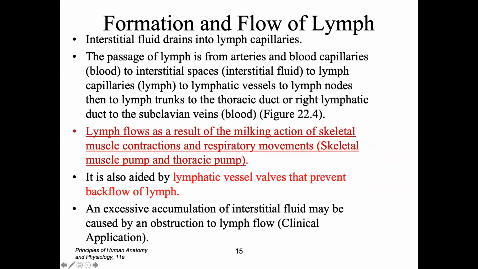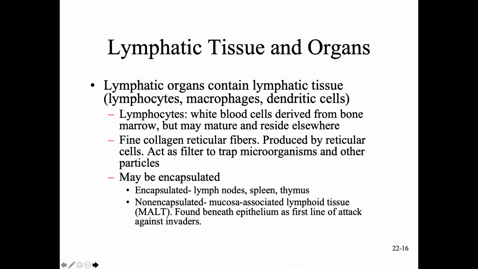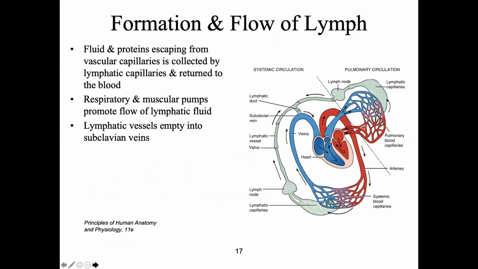Same kind of movement principles as in a vein, where you need the skeletal muscles to move and contract, where you need the respiratory system to allow movement of that fluid. Again, keep in mind, there is no heart attached to the lymphatic system. So fluid is only moved through the skeletal muscle movement, the respiratory pump, and gravity, right?